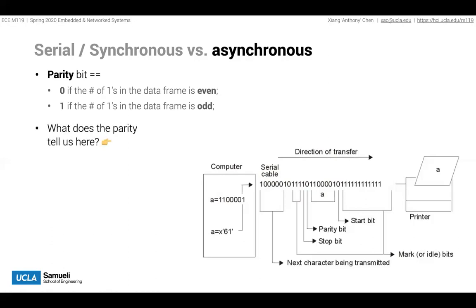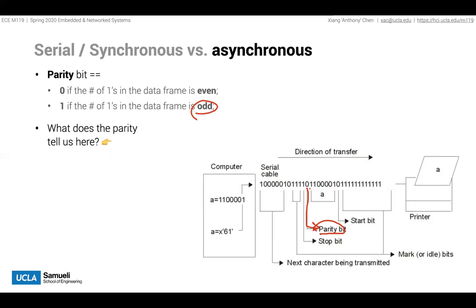Based on this rule, what does this parity bit here say? Let's count the number of ones in the payload. There's 1, 2, and 3. There are 3 ones, so that's an odd number. That means the parity bit should be 1.